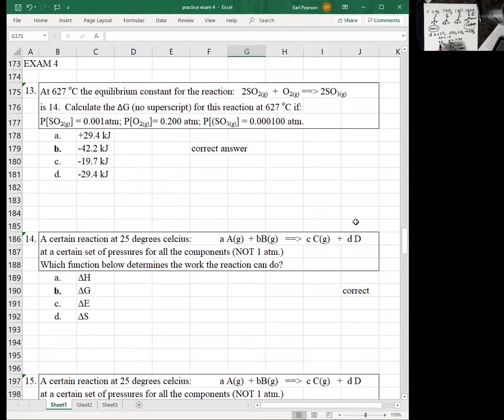And we want to get delta G without the superscript.